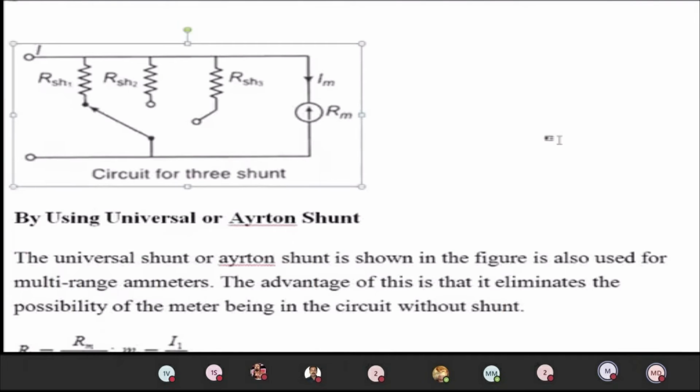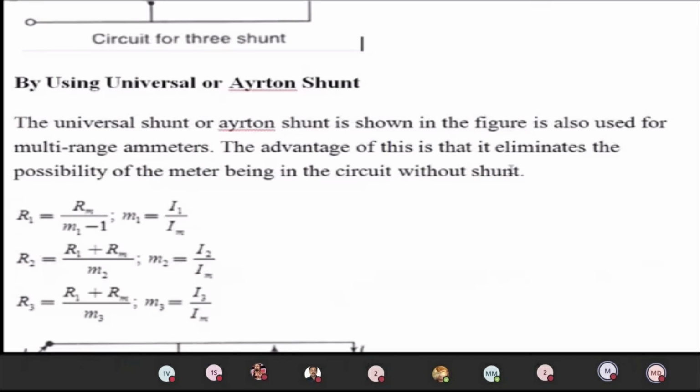So you can visualize the circuit which has been used for the multi-range ammeter. If you would like to increase the ranges, you can add resistances in the shunt such that the meter works as a multi-range ammeter. And the best solution for this multi-range ammeter is the universal or Ayrton shunt method.